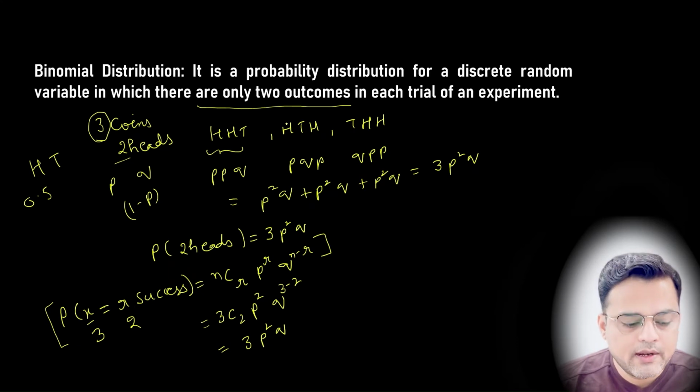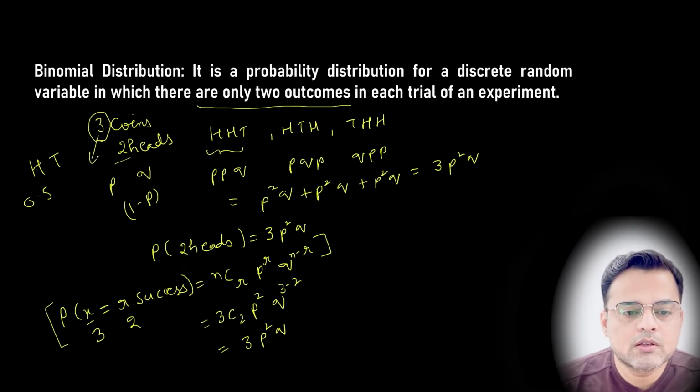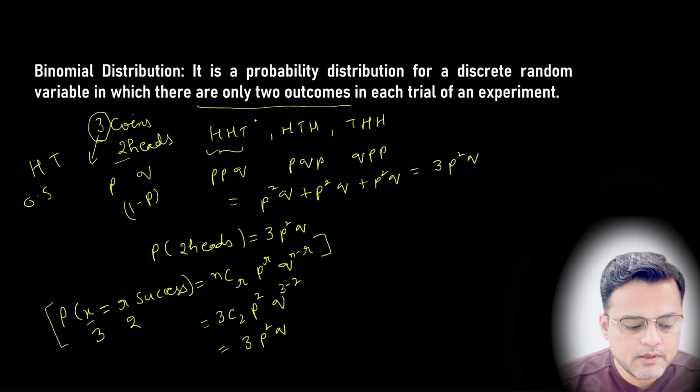The random experiment is performed a fixed and finite number of times. Fixed and finite number of times means that I am going to toss three coins, which is n observations.